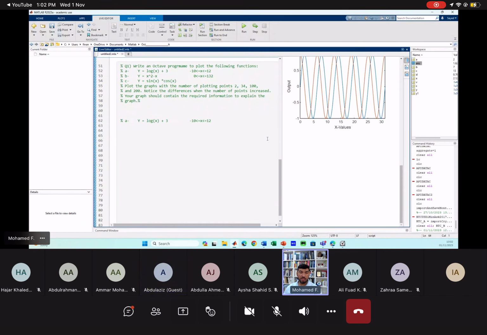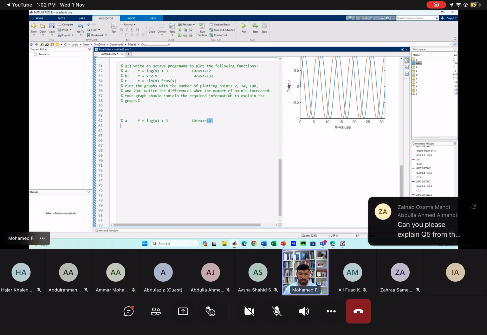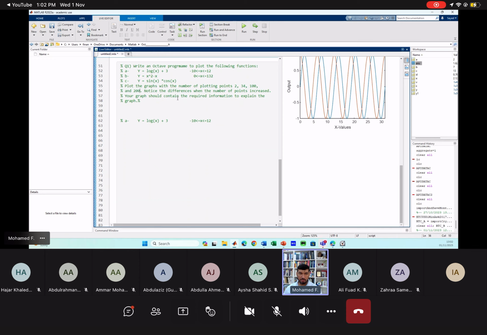It's first a function. We need the points to be between -10 and 12. And then we need to have different line spaces each time. Now, he didn't specify they have to be overlapped like what we have done here, but we are going to do it. Okay? So I'm going to make the first function.